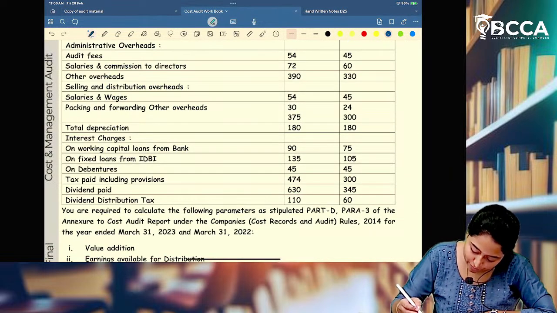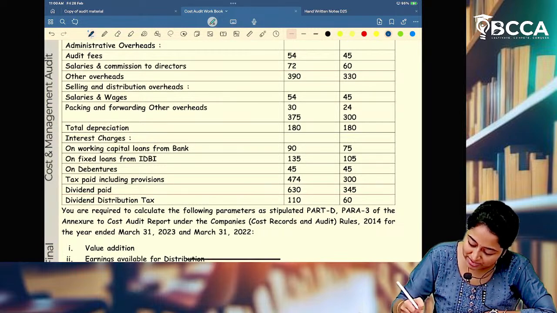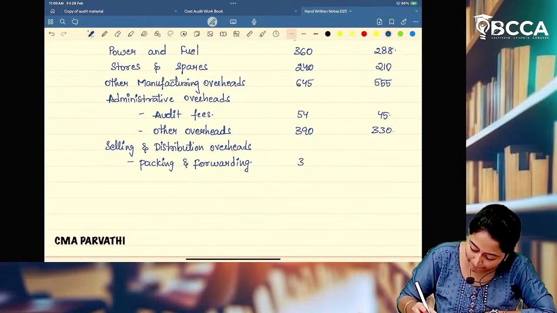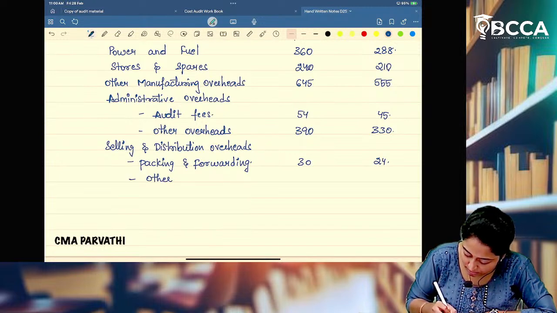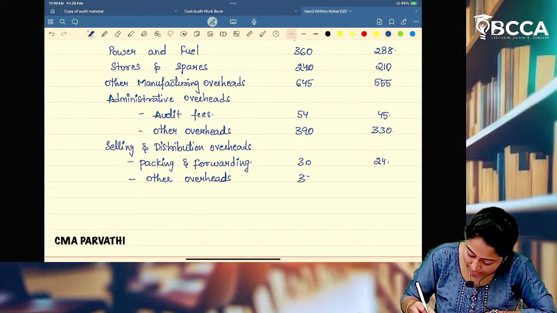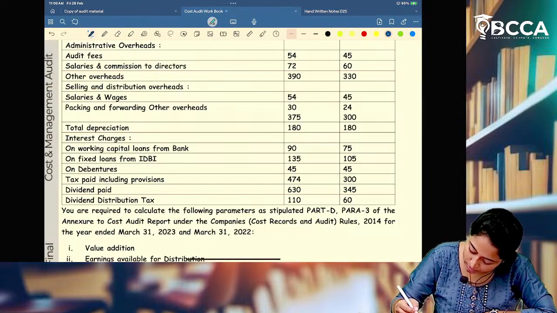How much is packing and forwarding? 30, 24 and 375 and 300. 30, 24 is packing and forwarding. This is other overheads, 375 and 300.